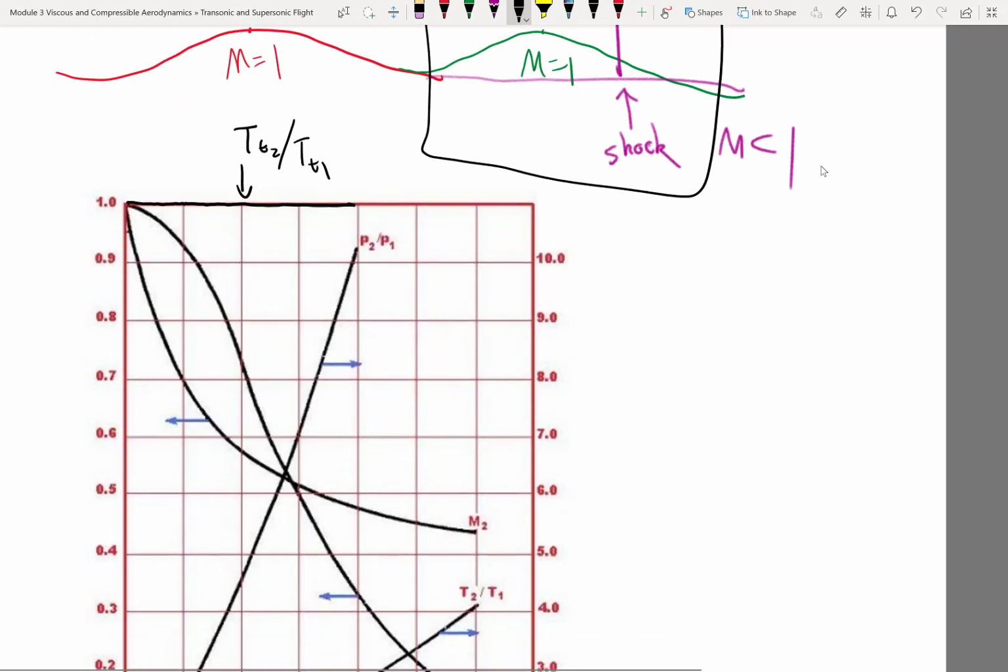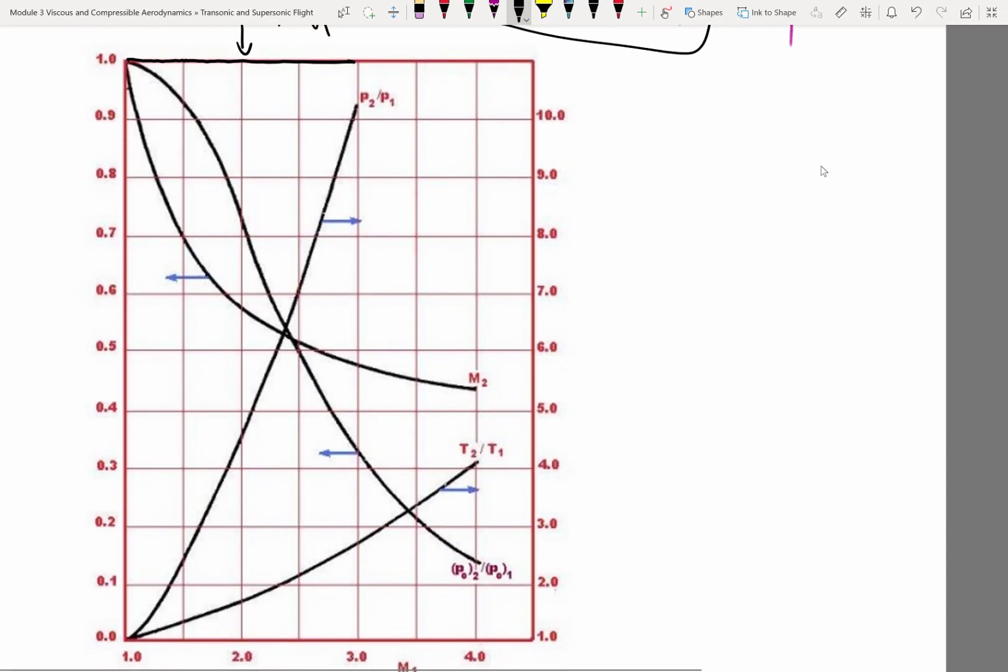All right. So basically, if in the future you need to look up normal shock tables, just the two lines pointing towards the left are probably the most useful. And actually you can also compute the Mach number from the stagnation pressure drop, but the formula is relatively complicated.